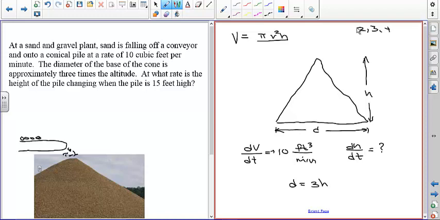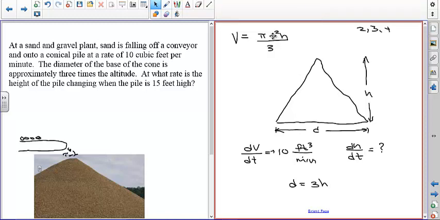Because if it was 2, it'd be like a triangular cone, but in this case it's getting smaller in 3 dimensions, not 2. So that's the volume of a cone. That's our geometric relationship.